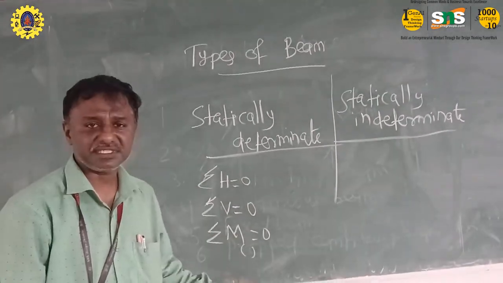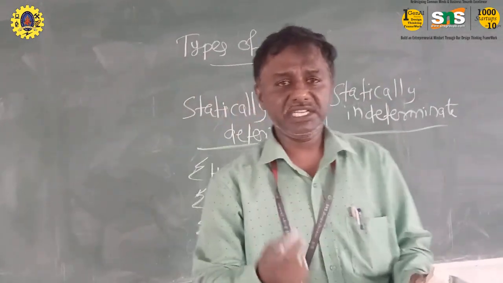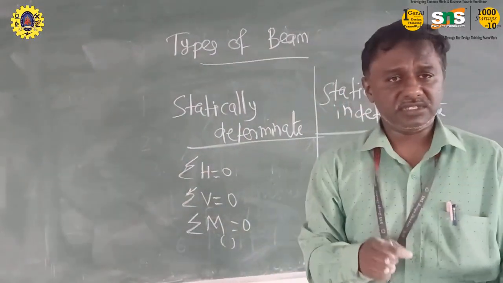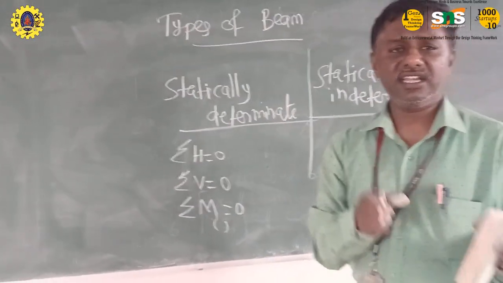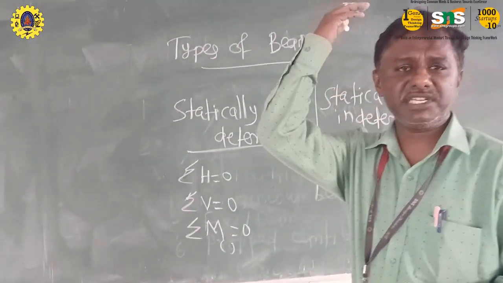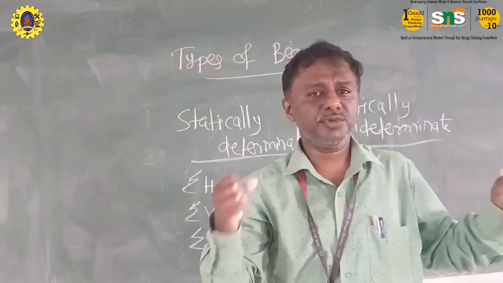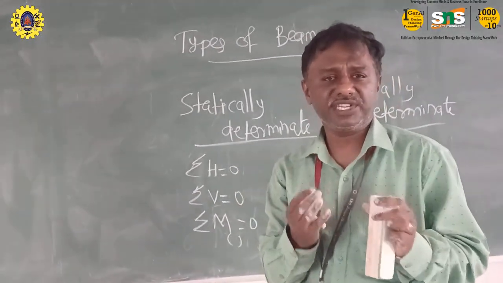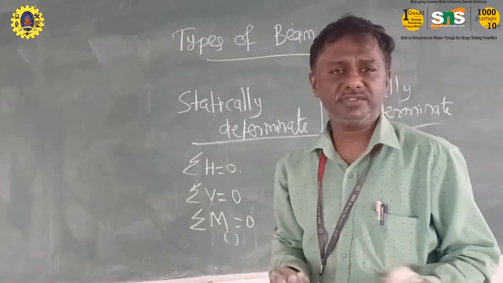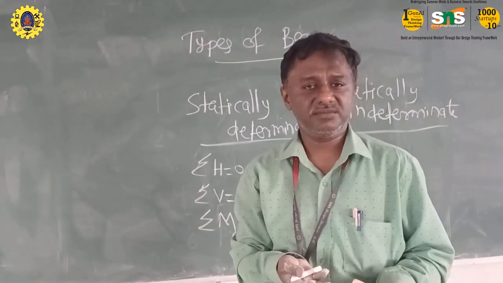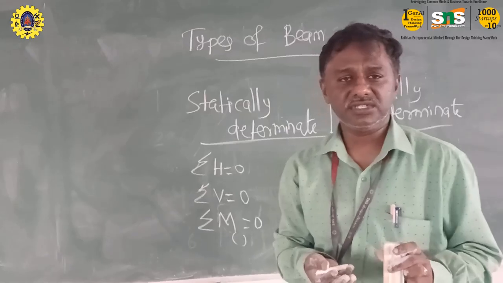These three equations are called static equilibrium equations. Now in a beam, the reactions are generally unknown values, because whatever loads are applied on a beam, the supports are holding the load. How much load is shared by each support has to be evaluated, so those are the unknowns.